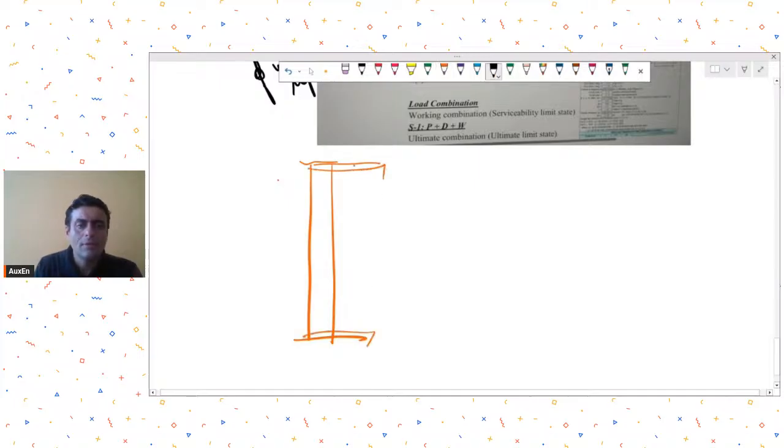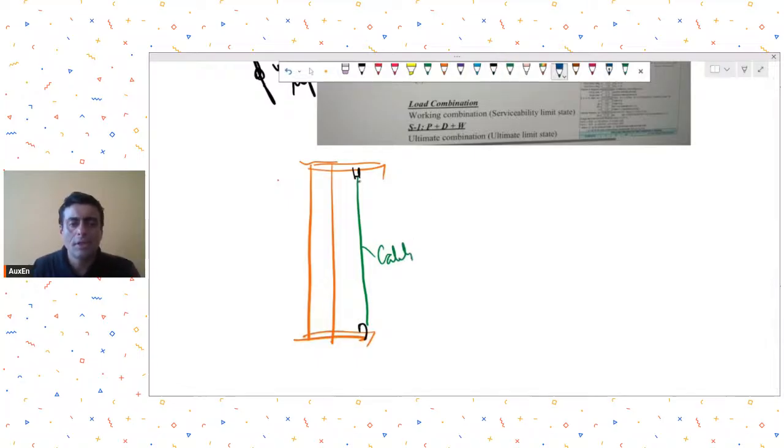This is the sectional view I'm showing you. So you will have a cable, and this cable will be tightened, pre-tensioned, and then on this pre-tensioned cable, you have fixed your facade system.